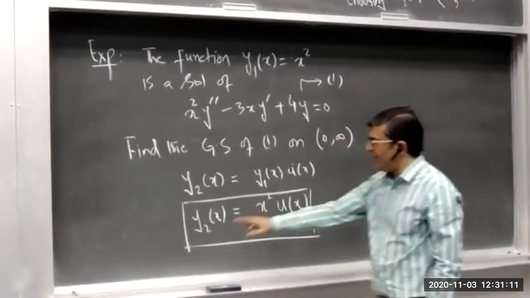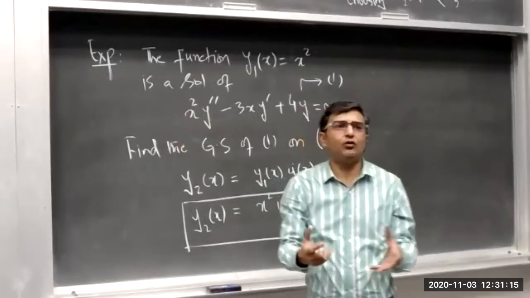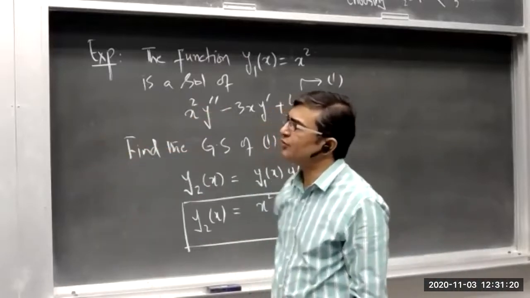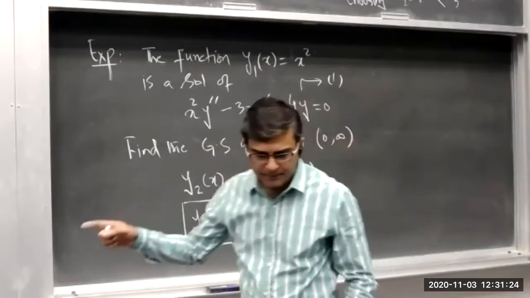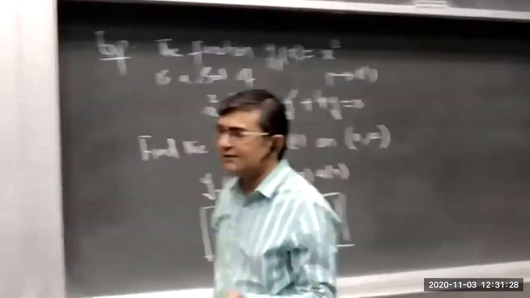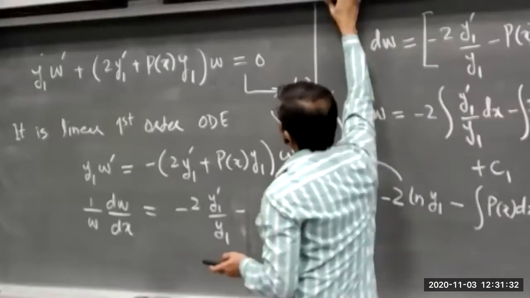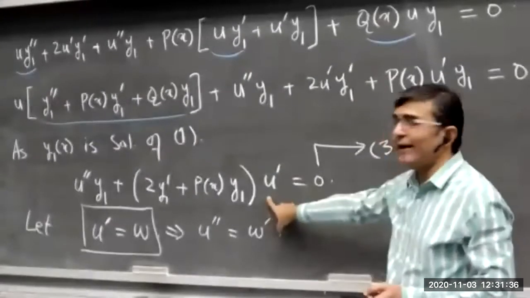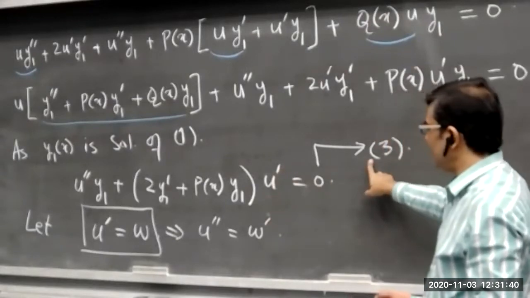Now inserting y2 here in this equation and then solving, you would definitely get again that kind of second order differential equation which we obtained as the equation 3 on this board. You would definitely get a second order ODE of this form, which is equation 3 here.